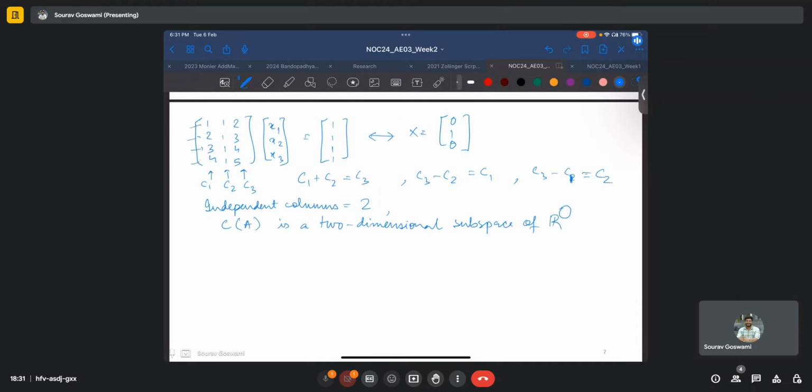When we are dealing with any vector which has a few components, the number of these components is what goes on top, and that is denoted by the number of rows, because we treat vectors as column matrices. So it's a two-dimensional subspace of R^4.